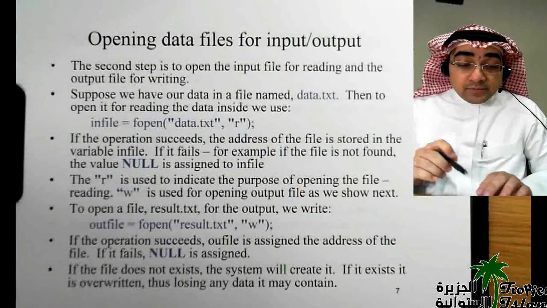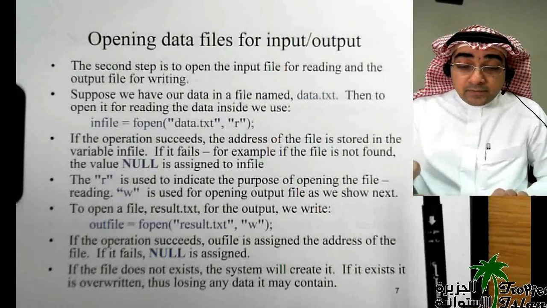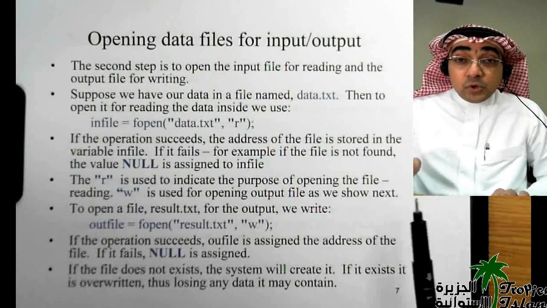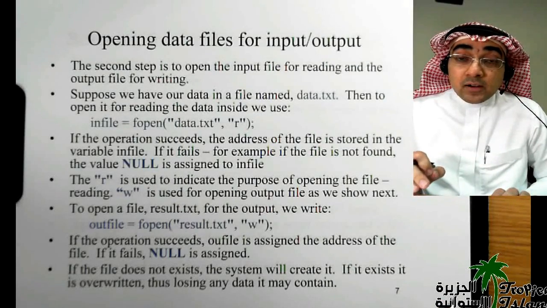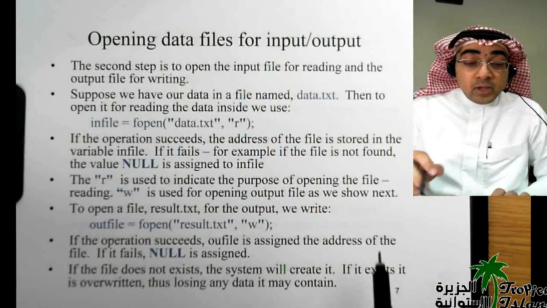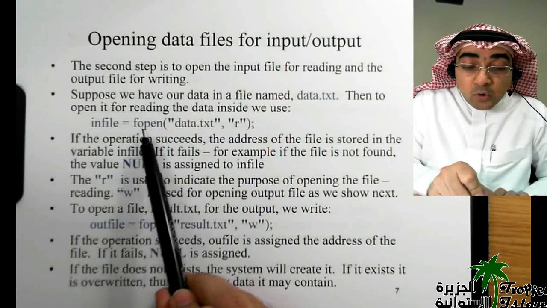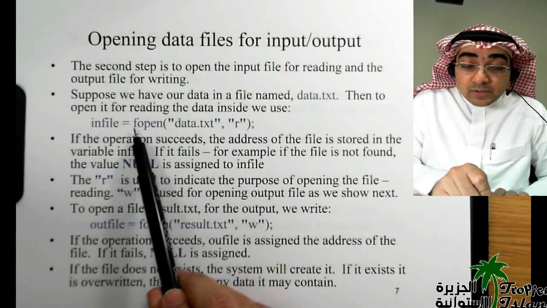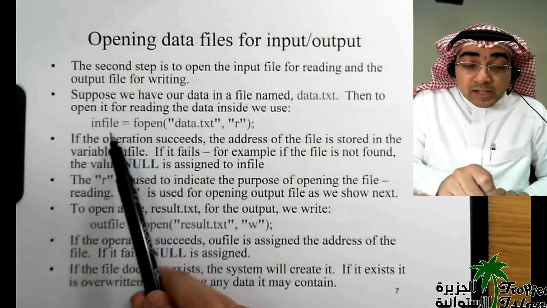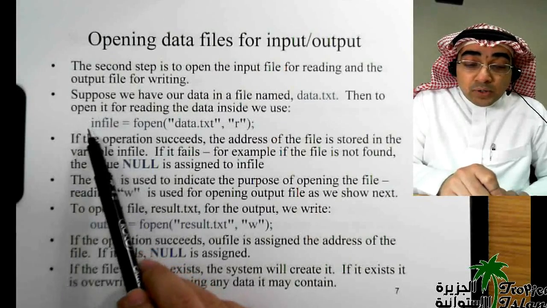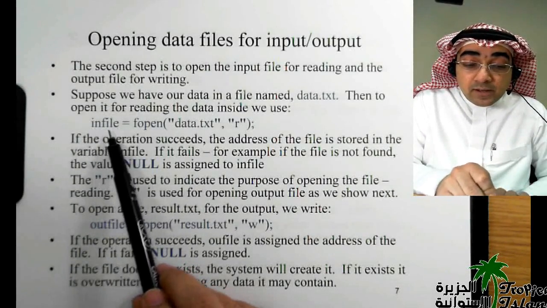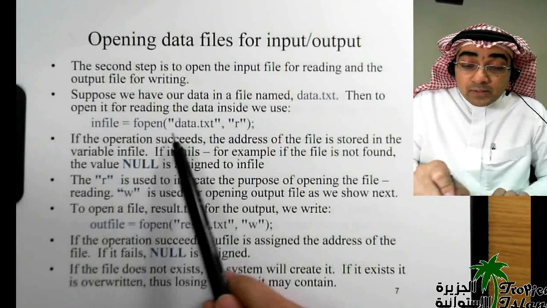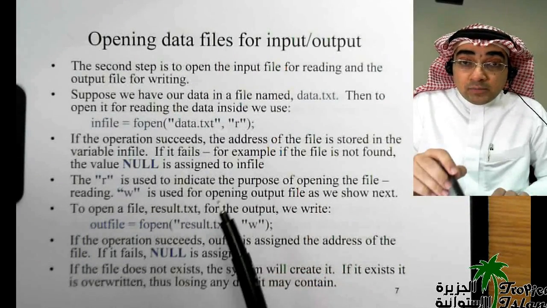And after you declare the file pointer in file, you have to open the file. You have to tell the compiler which file on the hard disk you actually intend to open. So you use a command called fopen. And this is how the fopen command goes. You write the in file, the file pointer that you have declared, so you say in file equals fopen, and between brackets you give it two arguments.